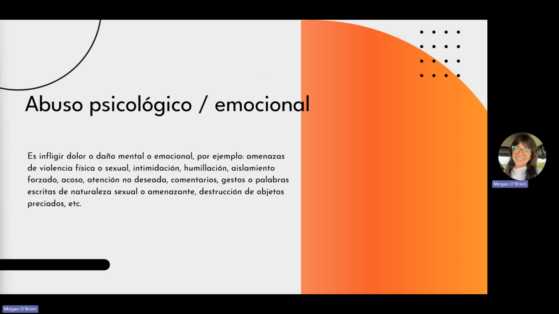Then you have psychological and emotional abuse. This is the infliction of mental or emotional pain or injury. Examples include threats of physical or sexual violence, intimidation, humiliation, forced isolation, stalking, harassment, unwanted attention, remarks, gestures, or written words of a sexual and/or menacing nature, the destruction of cherished things, and of course, there are other examples too.